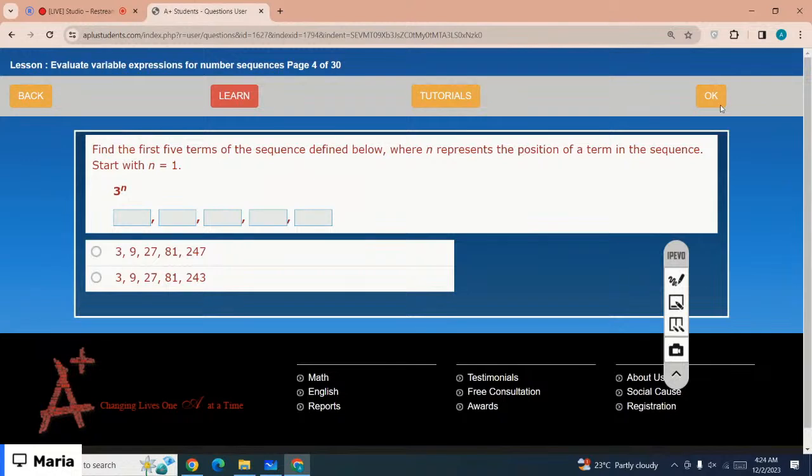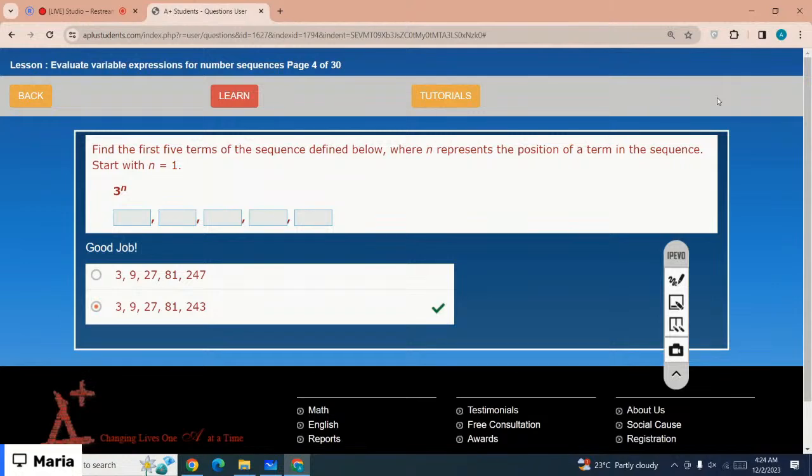Yes, again that is option number 2. The correct option is 3, 9, 27, 81 and 243.